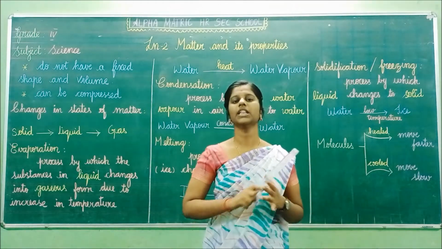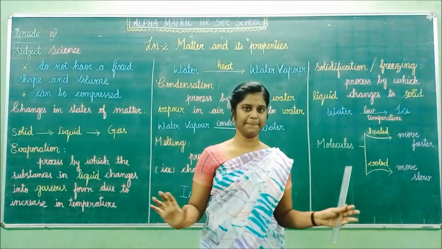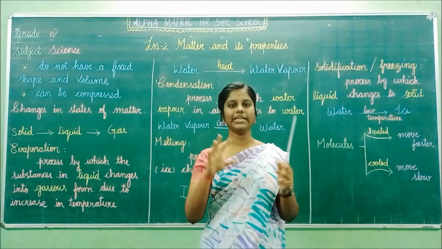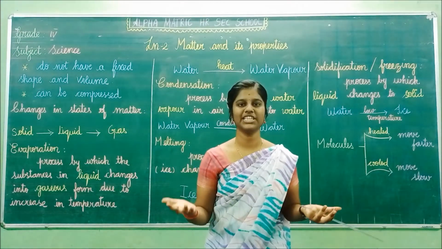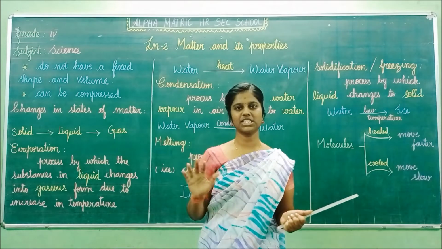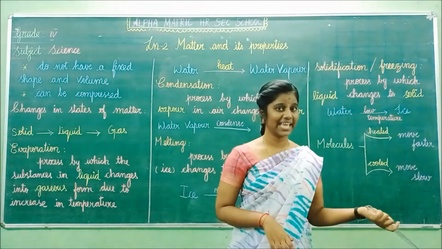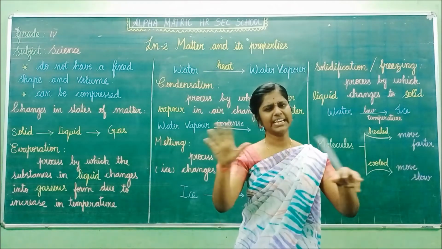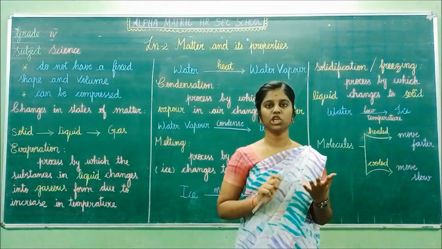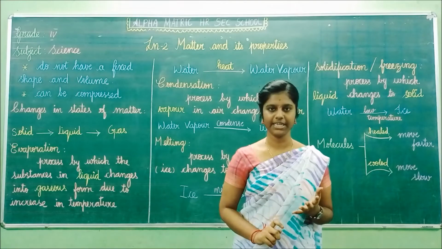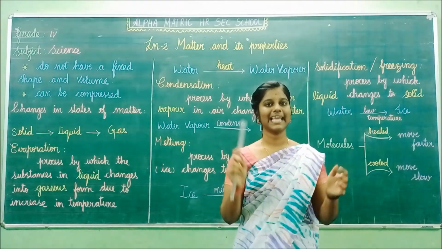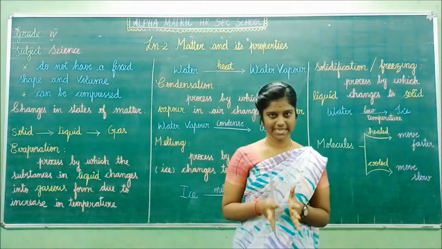In liquid, the molecules are not closely packed and it does not have a definite shape. It has only a fixed volume. It cannot be compressed. In case of gas, the molecules are very loosely packed. It does not have any definite shape or volume, but gases can be compressed.